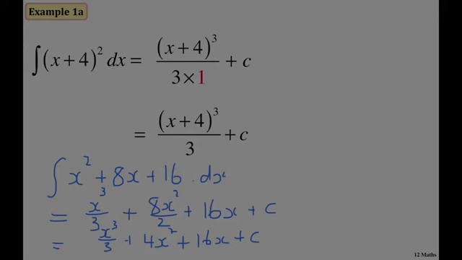Now, you might look at that and think that answer is different to this one, but if I expand those brackets out and divide everything by 3, that's what I'll end up with. So you can see the shortcut is a much faster technique to get the integral, and it's going to be far more beneficial, especially when powers are bigger than 2.